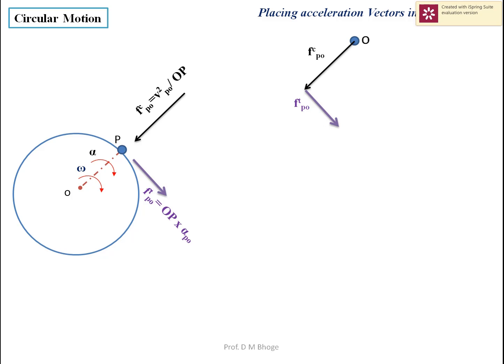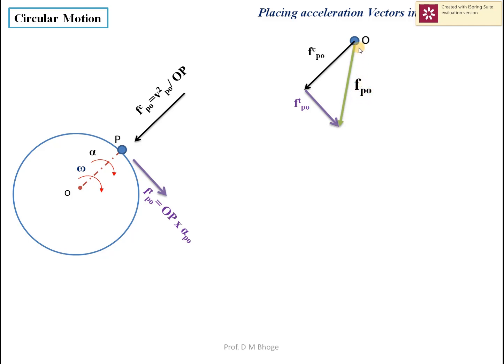Now the resultant FPO will start from the start point of the first vector and end at the end point of the last vector. This is the resultant FPO. So the resultant acceleration of P relative to O, that is FPO, is represented by vector OP.